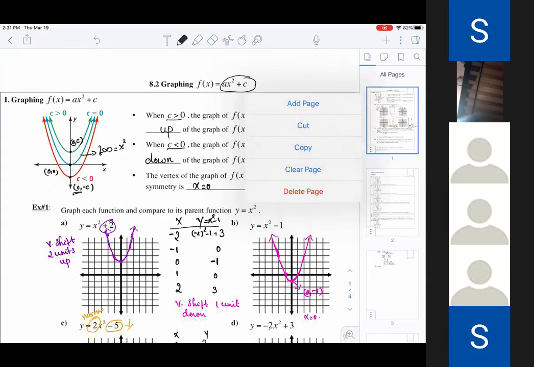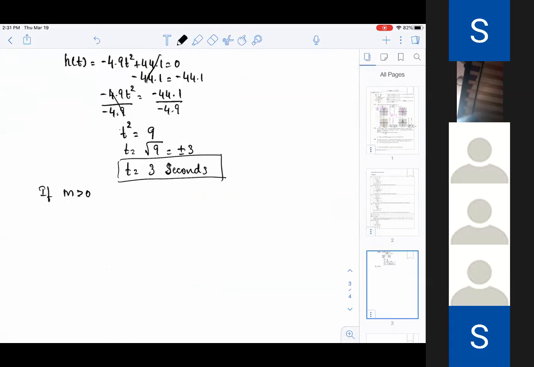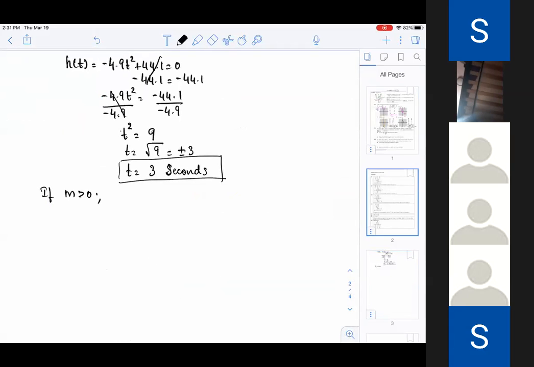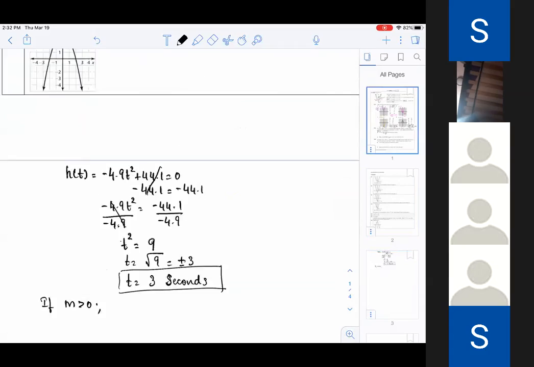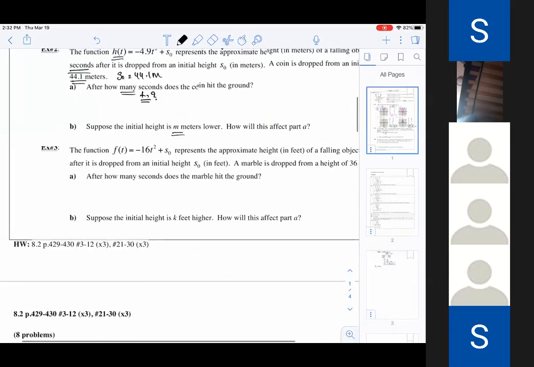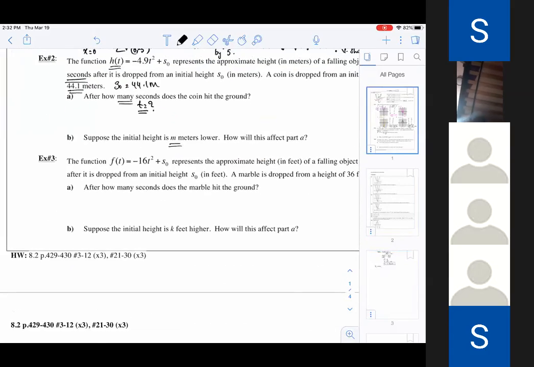So let's say if m is greater than 0, that means it's lower. If m is greater than 0, what will happen to the graph, guys? I think I have to go back to the question. Suppose the initial height is m meters lower.